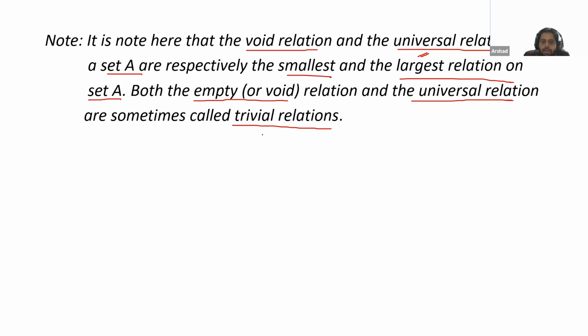If in a question they ask you about the trivial relation, that means they are asking about the void and universal relations. So please note this down and confirm, then we will start the next part.